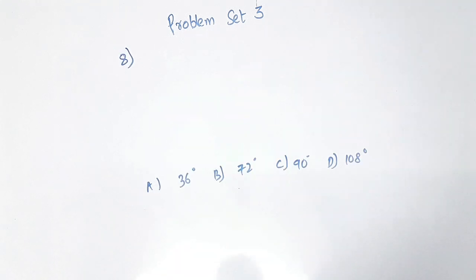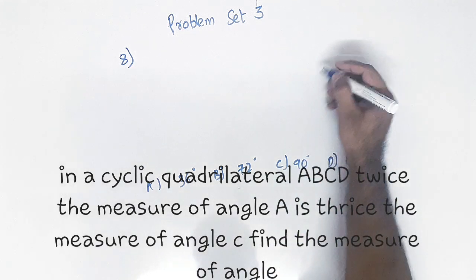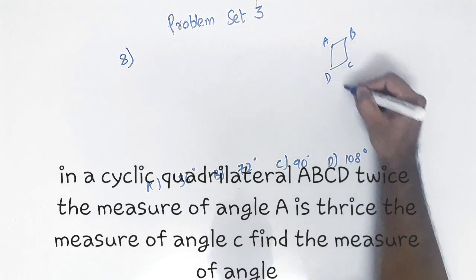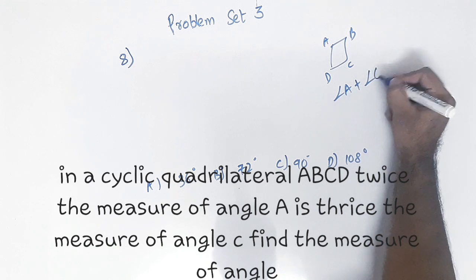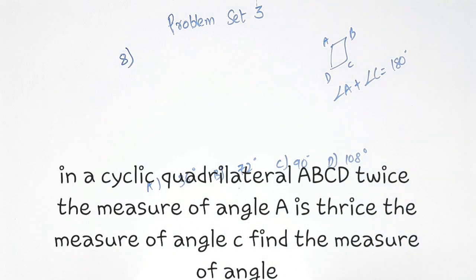Question number 8: given is quadrilateral ABCD is cyclic, and twice the measure of angle A equals thrice angle C. Because ABCD is cyclic, I will write angle A plus angle C equals 180 degrees. This is one equation.